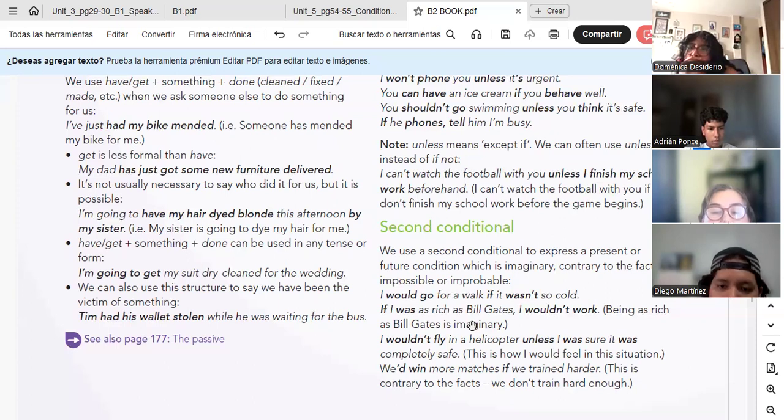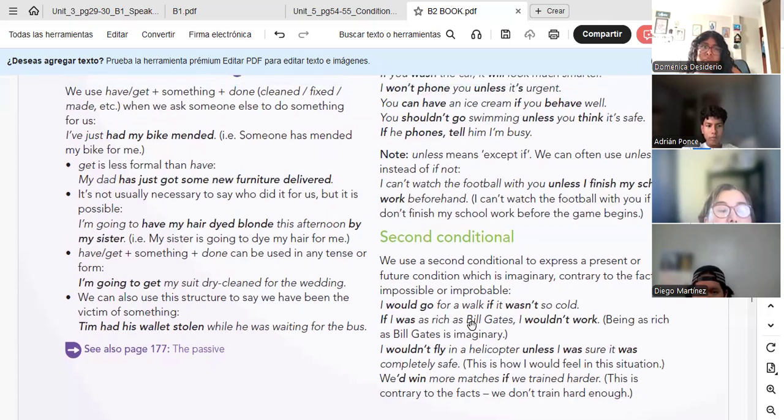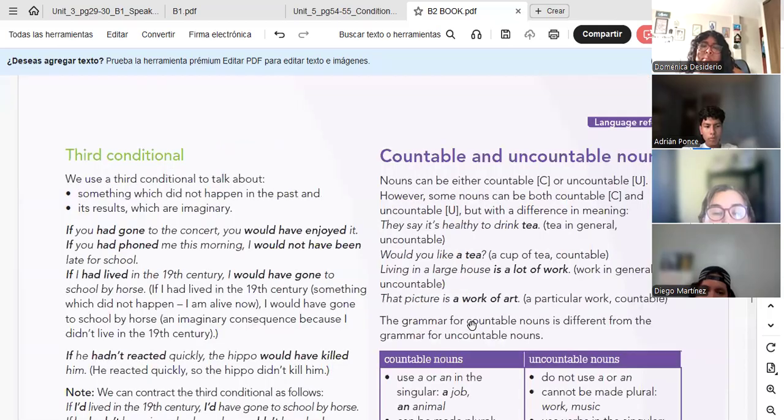I wouldn't fly in a helicopter unless I was sure it was completely safe. This is how it would feel in this situation. We'd win more matches if we trained harder. This is contrary to fact. We don't train hard enough. Thank you, Katie.